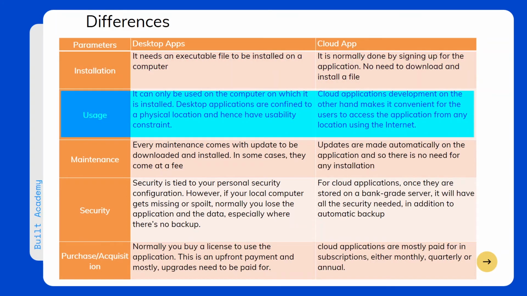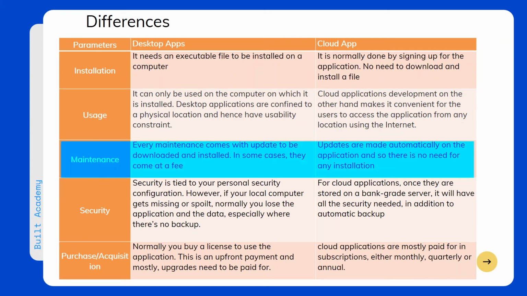With usage, desktop applications can only be used on the computer on which they are installed, so they are confined to a physical location and hence have usability constraints. But with cloud applications, it is convenient for users to access the application from any location using the internet.